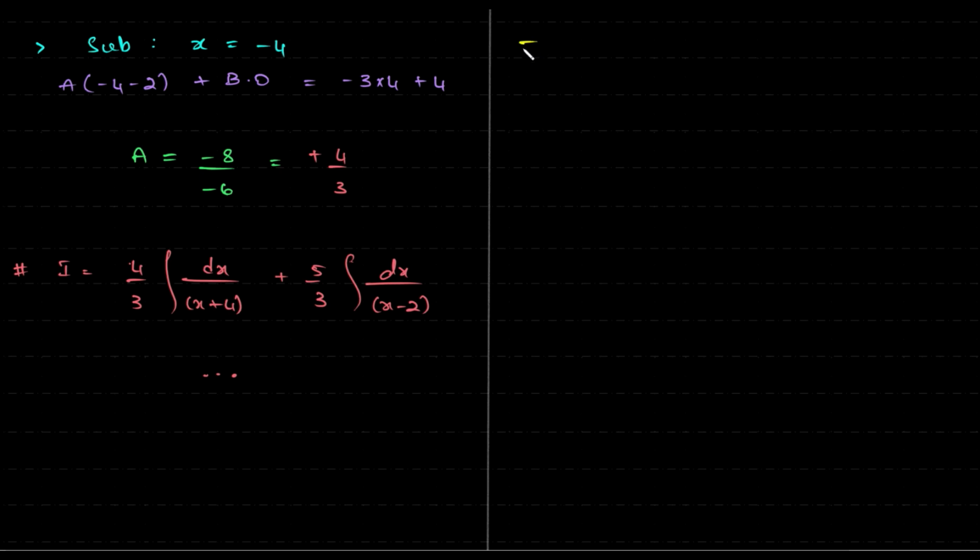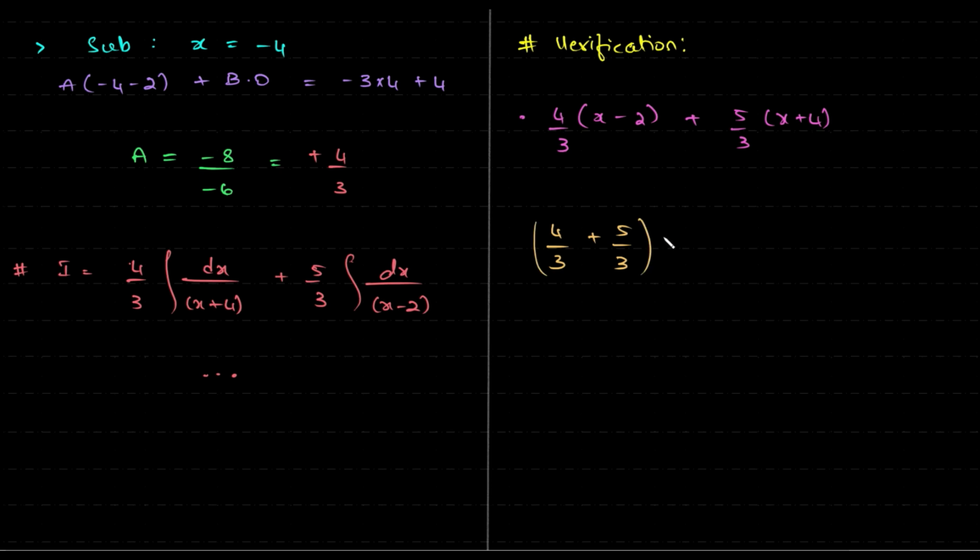I'll do the verification over here. Verification of this particular set of numbers will lead to what we need. So this we have x minus 2 if I'm right, and 5 by 3 is with x plus 4. So this is 4 by 3. I'm matching the x's and then the constant.